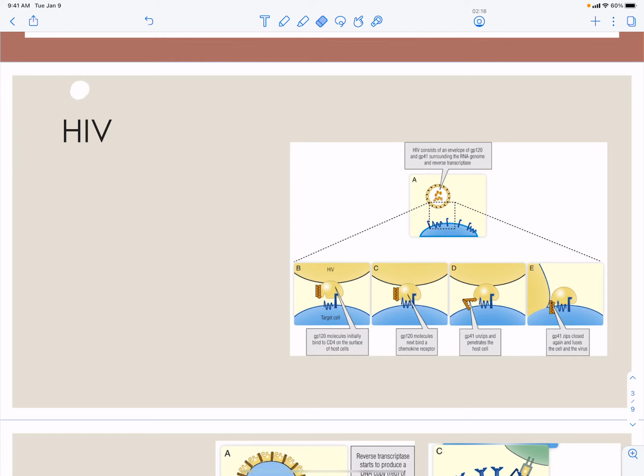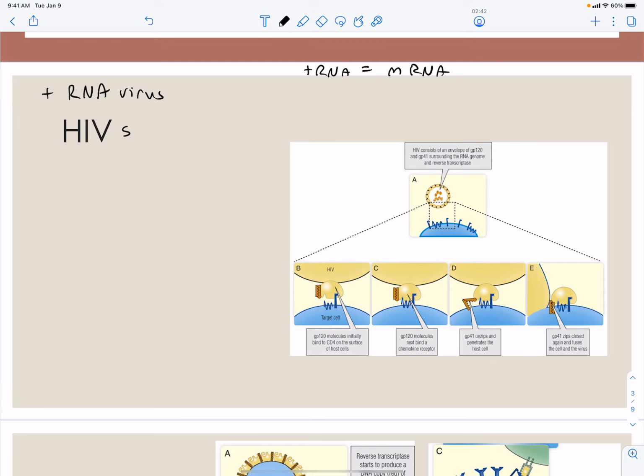So HIV is an RNA virus similar to SARS-CoV-2 and is considered a positive RNA virus. And so a positive RNA is equal to what we consider messenger RNA. So the positive strand RNA can make proteins. That's what that means.